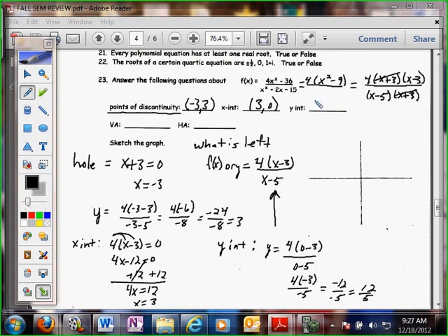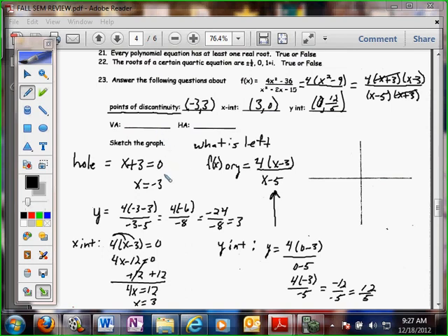My y-intercept is 0, 12 fifths. Now what this really is, in terms of when you graph it in a minute, is a little bit bigger than 2. Okay, it's almost 2.5. Alright, continuing on.